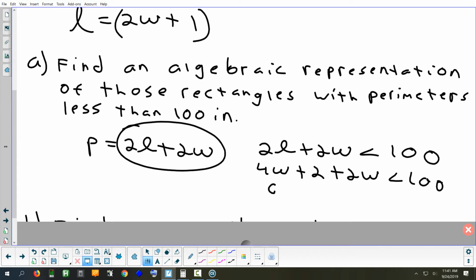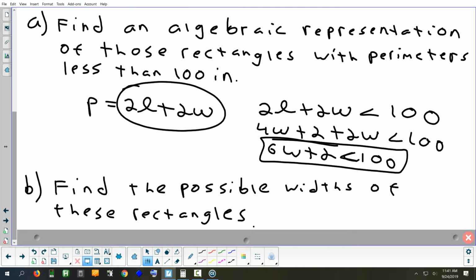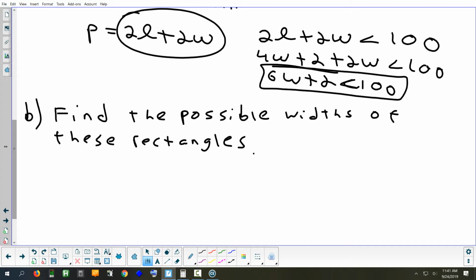Yep. So 6W plus 2 is less than 100. So there's an inequality that represents what they said to do. Now, let's take the inequality and find the possible widths of my rectangles. So basically, just solve it.